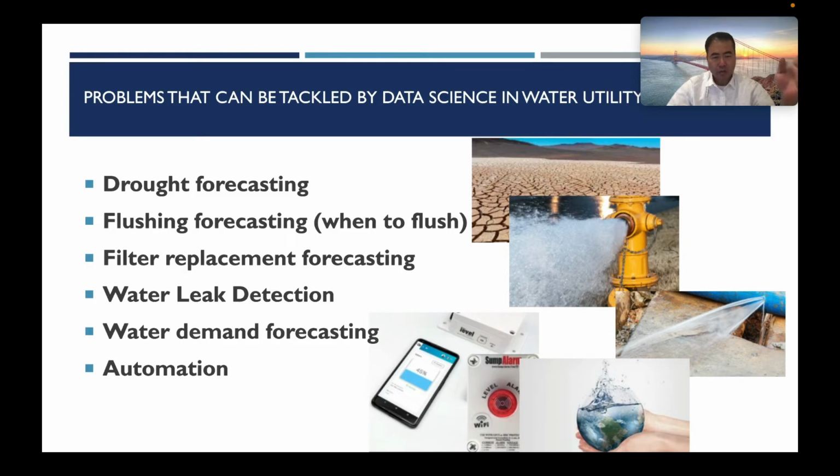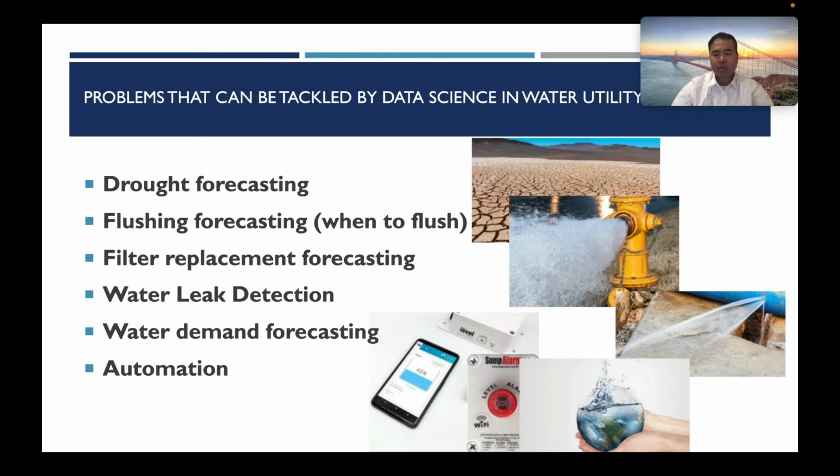Based on time series data, I built a forecasting model to forecast when it's going to be dry and when there will be more rain. So rainfall forecasting, runoff forecasting, and also water depth forecasting. There are many things there.